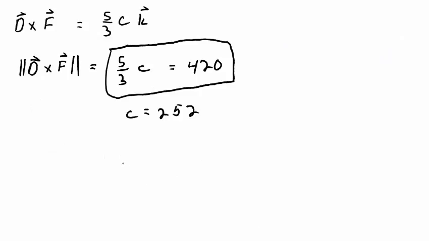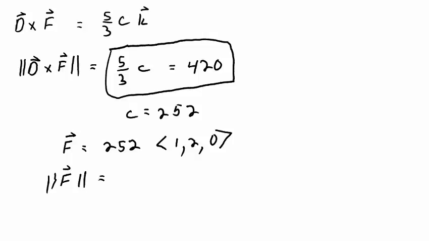which means that the vector F, not that we were asked to find it, but now doing it this way we can find it, is 252 times 1, 2, 0. And the magnitude of the force vector then, okay, when you have a positive scalar multiple of a vector that you're taking the magnitude of, you can just pull out the scalar and take the magnitude of the vector.